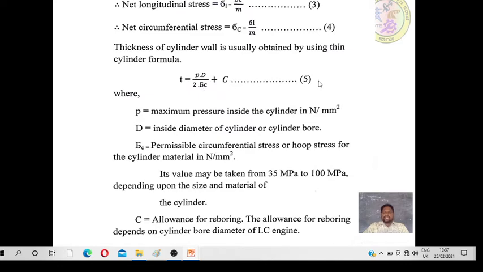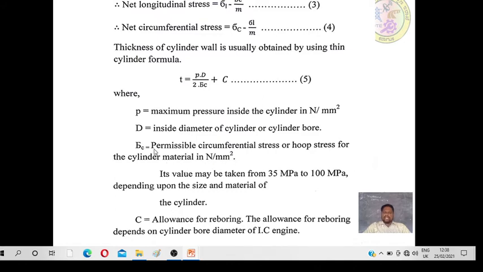Let it be equation number 5, where P equal to maximum pressure inside the engine cylinder, D equal to inside diameter of the cylinder, or it is also called cylinder bore, or just bore. Sigma c equal to permissible circumferential stress, also called hoop stress for the cylinder material, in Newton per mm square.